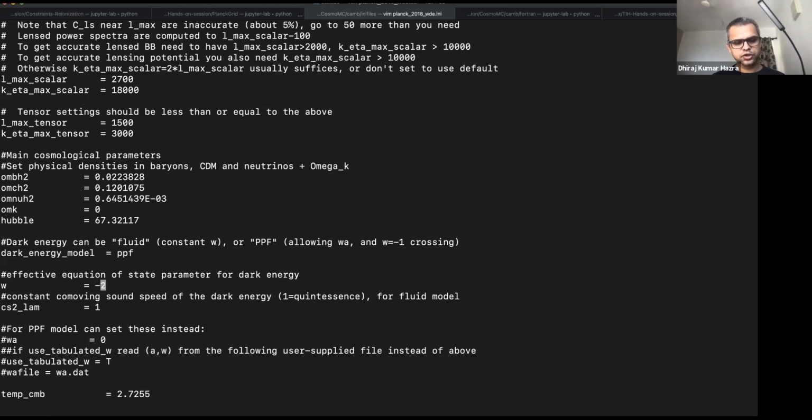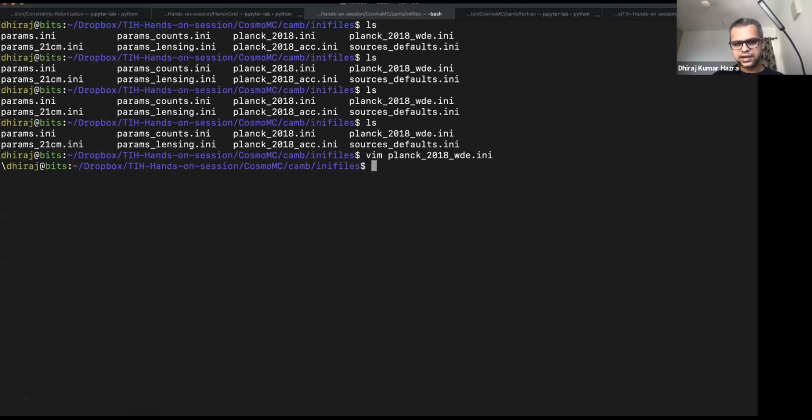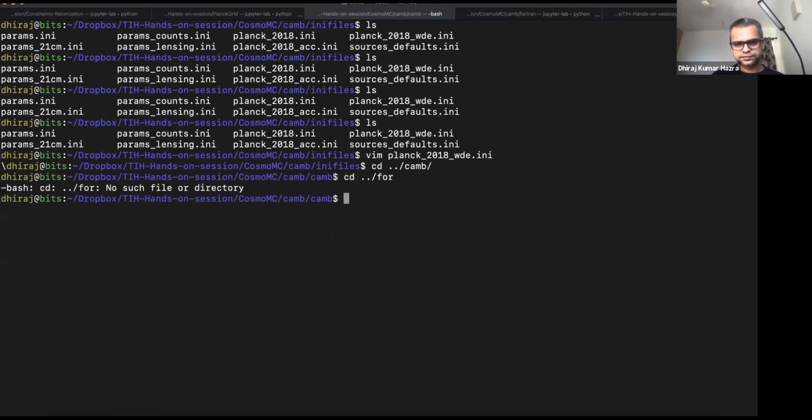From -1, you make the change to -2. Then go to Fortran and run cam.